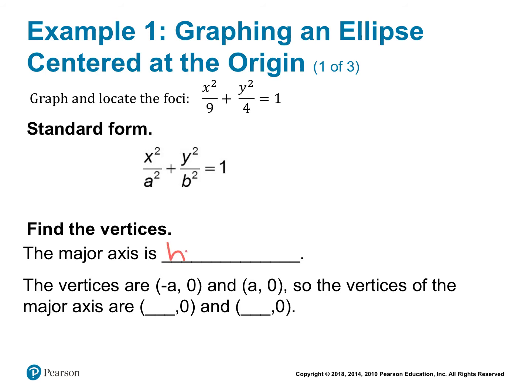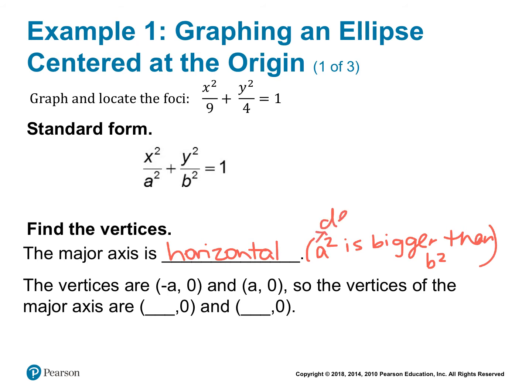So this one is going to be horizontal because the a squared is bigger than b squared, and that's in the denominator of x squared for this one, and the other one's in the denominator of the y squared. So this one indicates it's going to be horizontal.